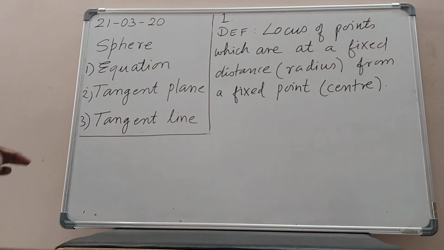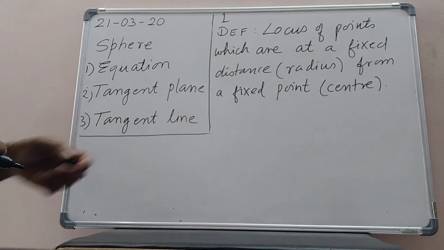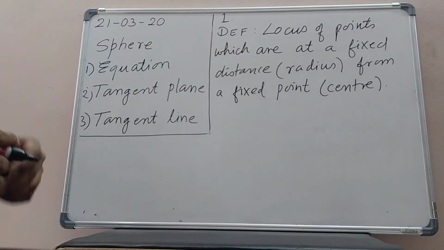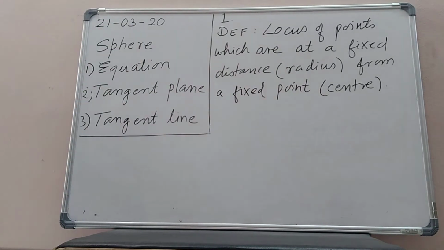So the locus of points which are at a fixed distance from a fixed point. Such a locus will be called a sphere. The fixed distance is called the radius, and the fixed point is called the center.